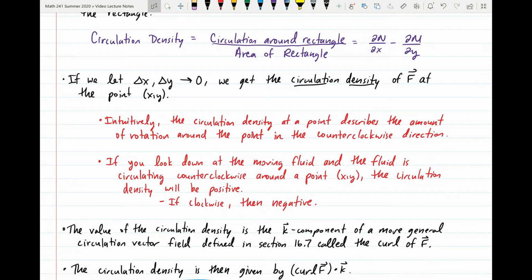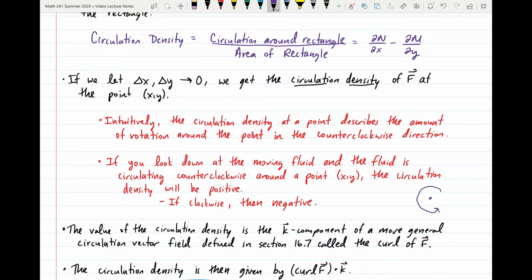So if you think about looking down on some water, just in the 2-dimensional sense, just the surface, so it's like a plane. And if you look down at this moving fluid, and the fluid is circulating counterclockwise around a point x, y, so you can think like a whirlpool, and it's going in this direction around a point like this.